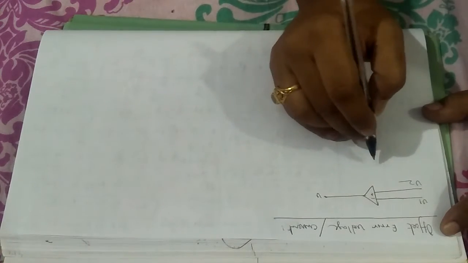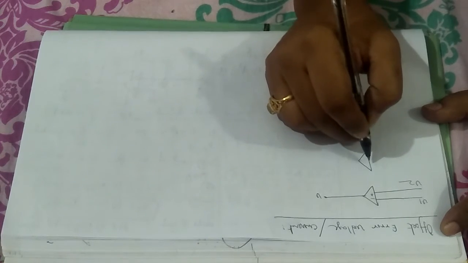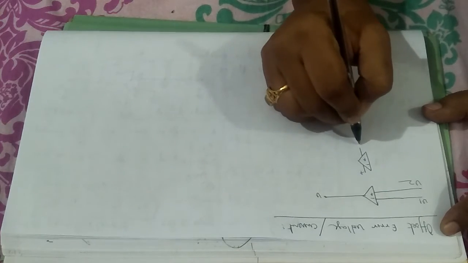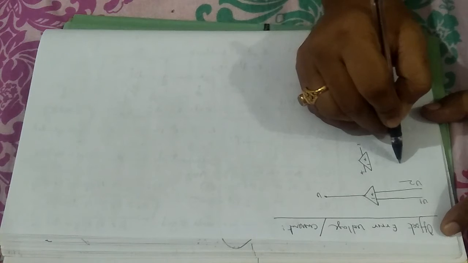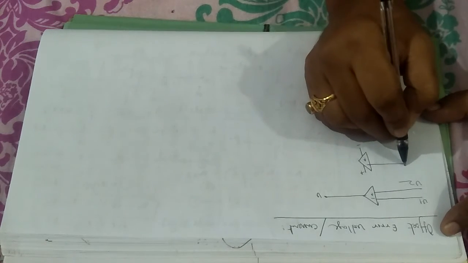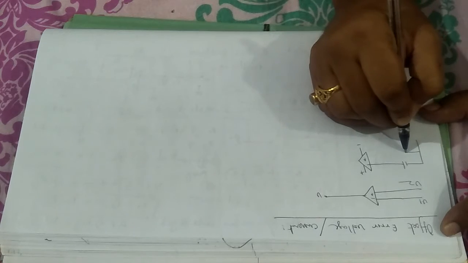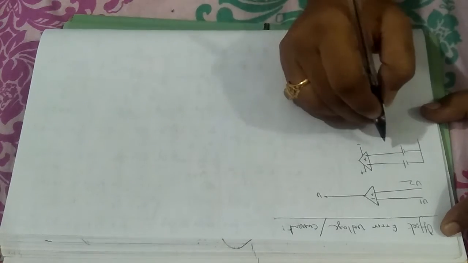So how to calculate these values? I am again sketching one simple configuration of the op-amp, with plus VCC and minus VCC. Then I am connecting the inverting input terminal with some voltage, and the non-inverting terminal with another bias voltage.